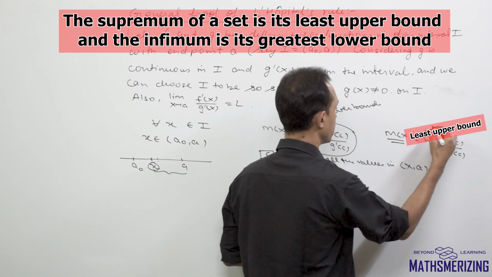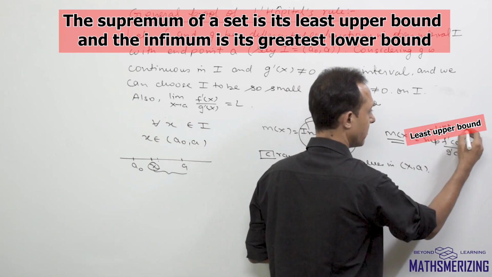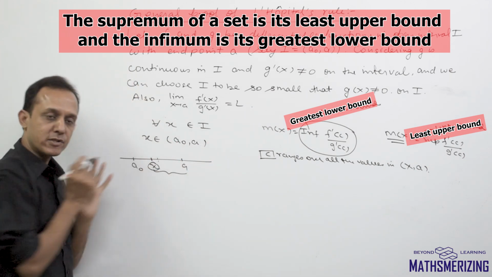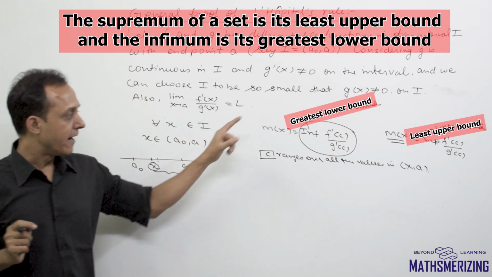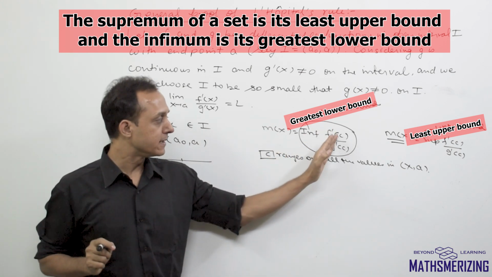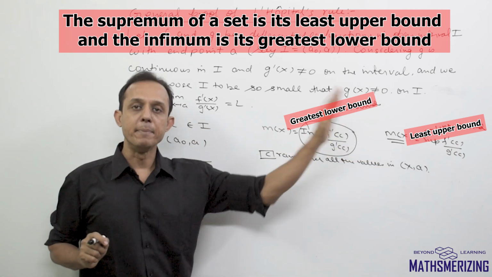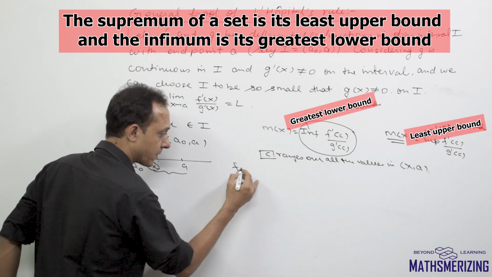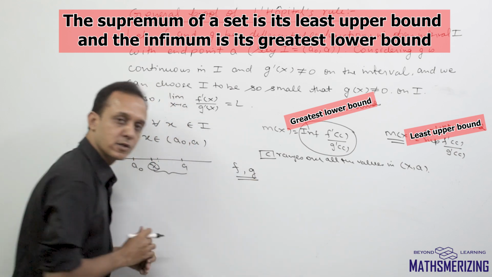So supremum is actually the upper bound. So basically in this interval x to a, the minimum value of f dash c upon g dash c could be mx, and the maximum value of f dash c upon g dash c could be capital Mx. Now it is given that f and g are differentiable functions.